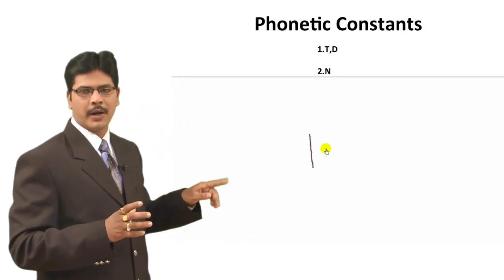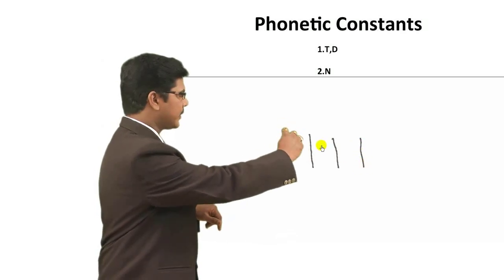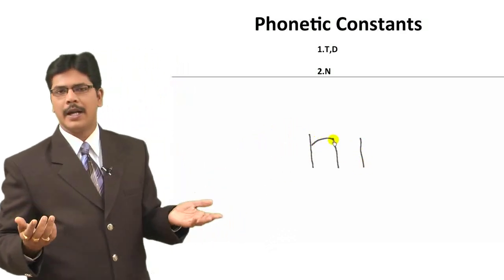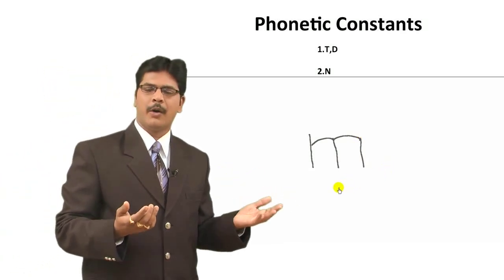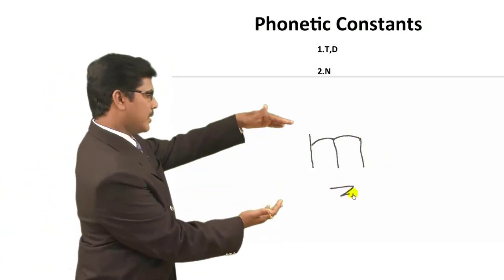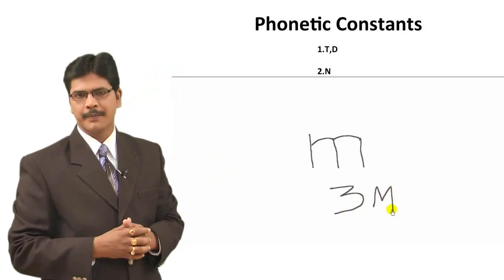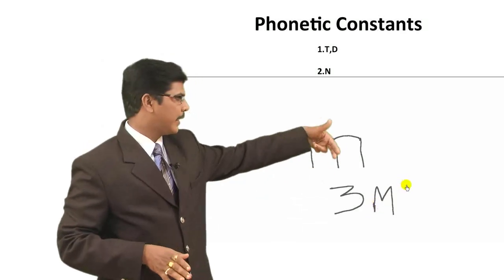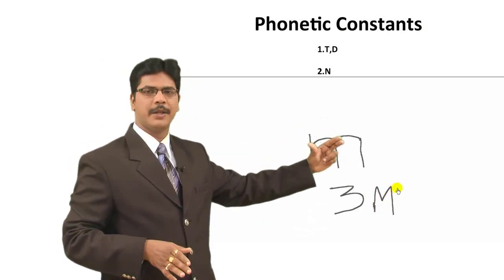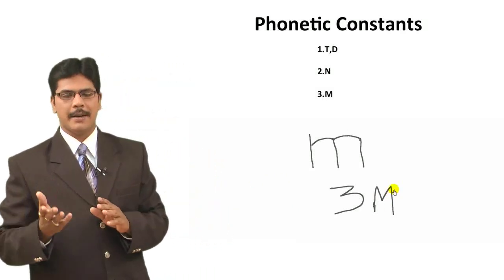See, you can write 3 downstrokes and add curves, it becomes M. Does it not? So number 3 M. Or do one thing, this 3, right? Just invert it like this. Does it become M? You may say W also, but don't go for all that, okay? Just take 3 and then invert it like this, it becomes M. Okay, that's why number 3 M.